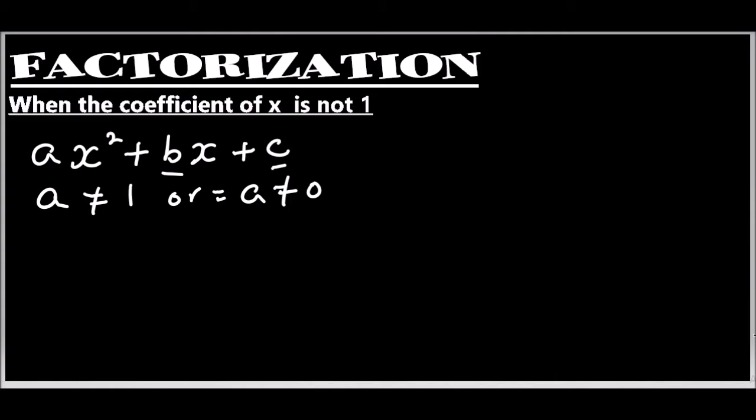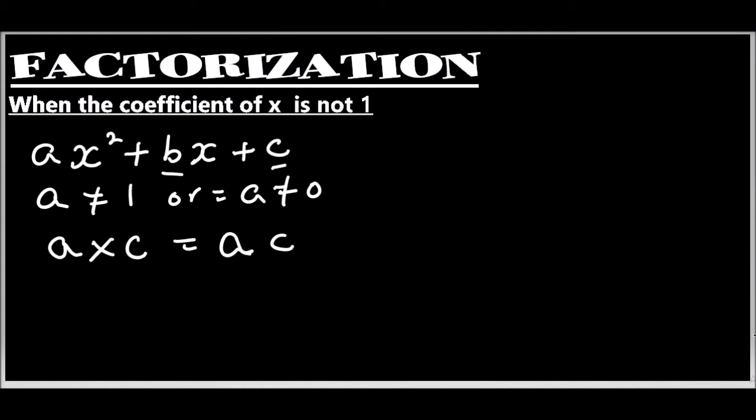In this one, it is different. What we do is that for us to be able to factorize, we multiply a by c, that will give us ac. That is the coefficient of x squared multiplied by the constant.